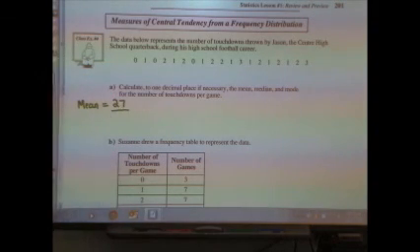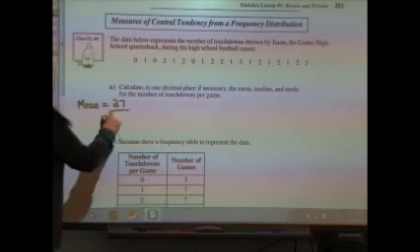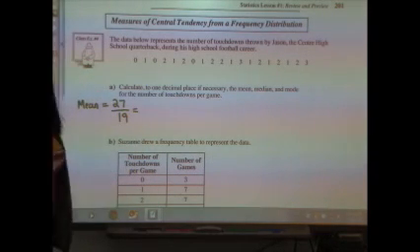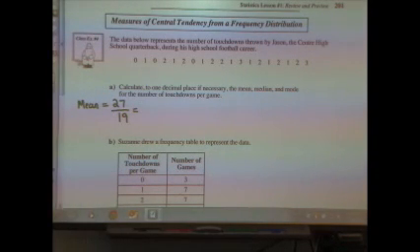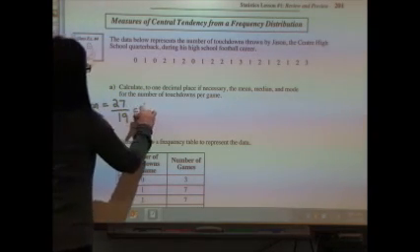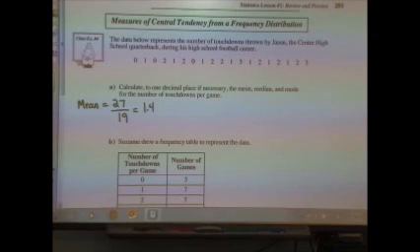How many games did he play? 19. So what's 27 divided by 19? So to 1 decimal place, 1.4 touchdowns per game.